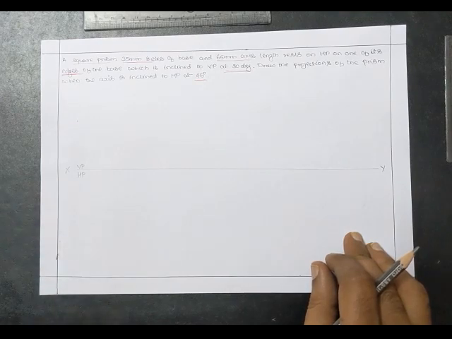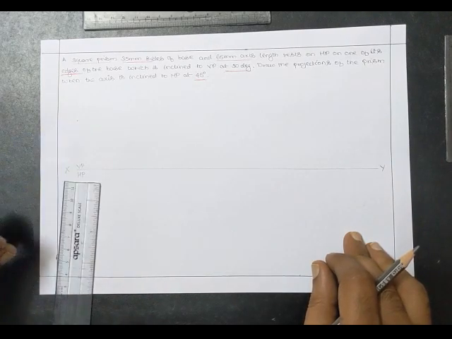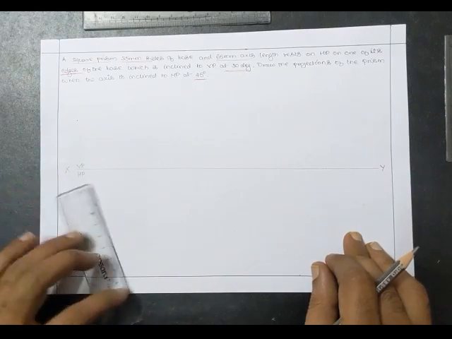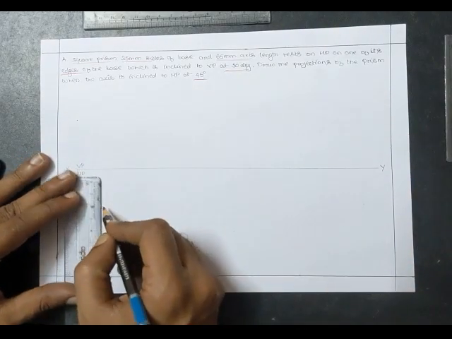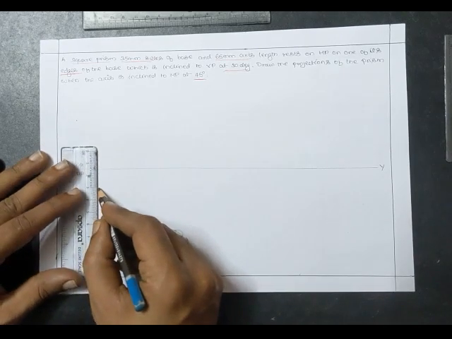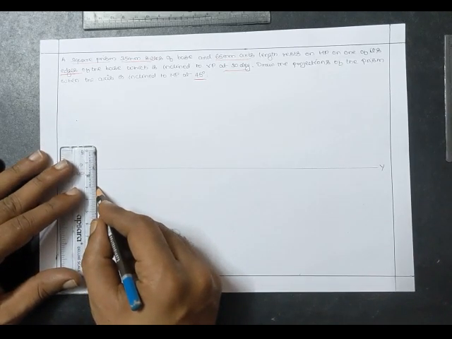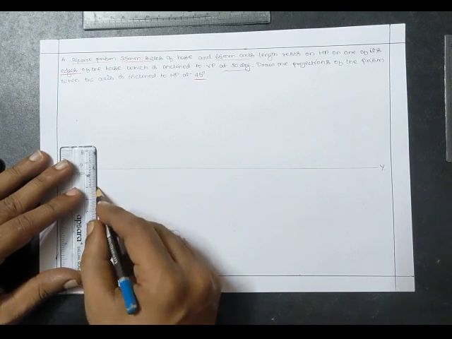Let me construct the square of side length 35 millimeter here. I'm measuring from here, so it should be 65, right?